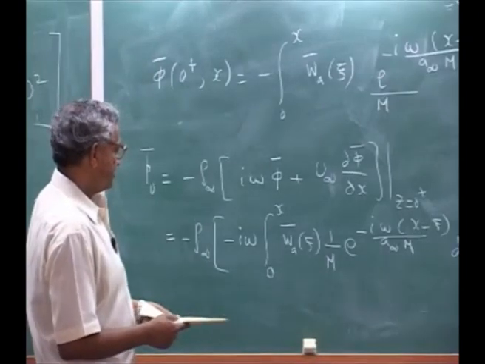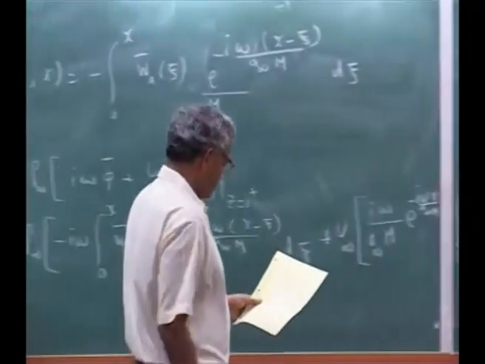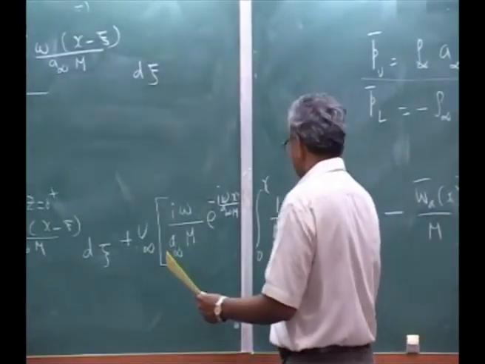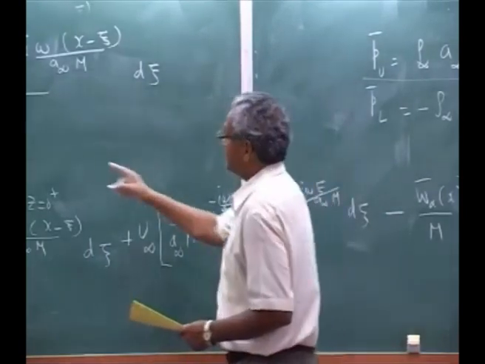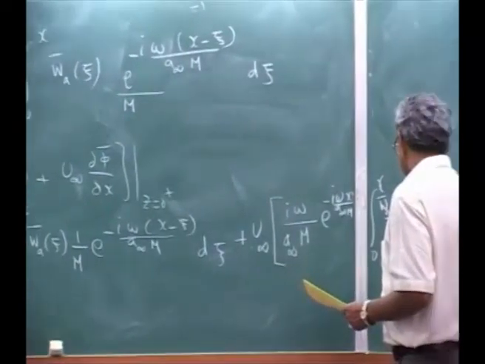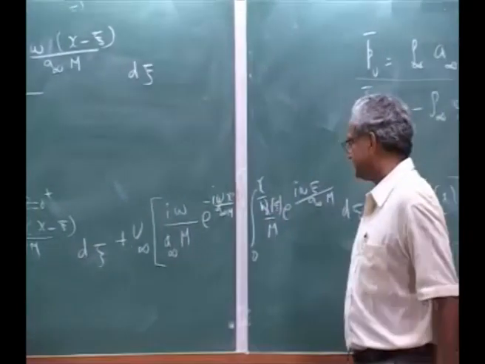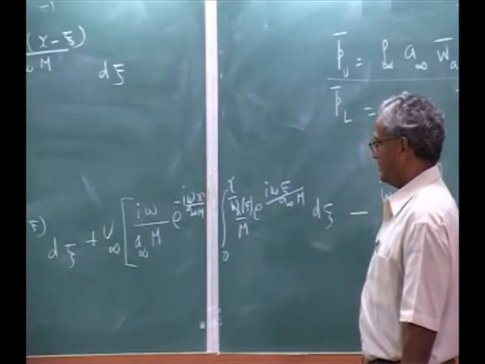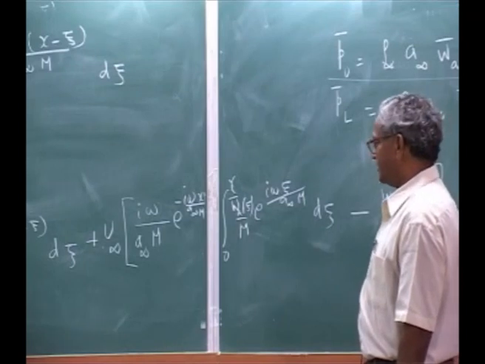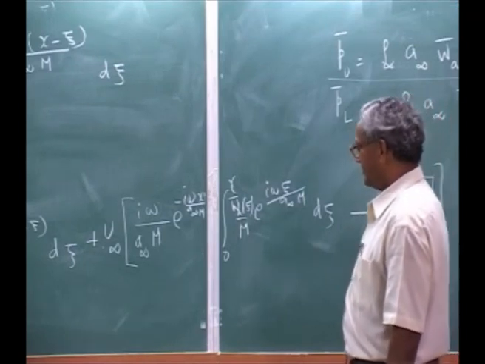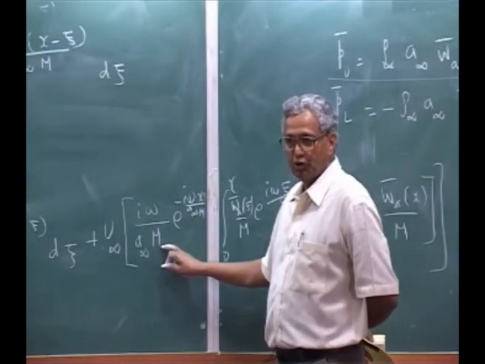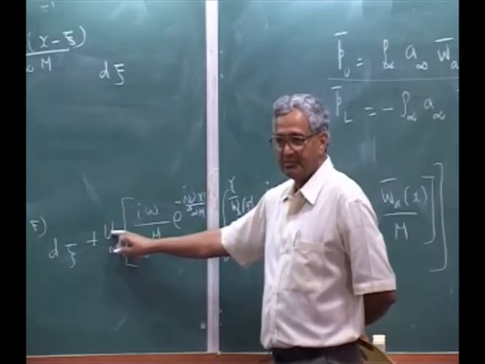There is a W here, because this term is there, W bar A. Because you will have i omega, and a infinity M is nothing but u infinity, so u infinity will cancel out.